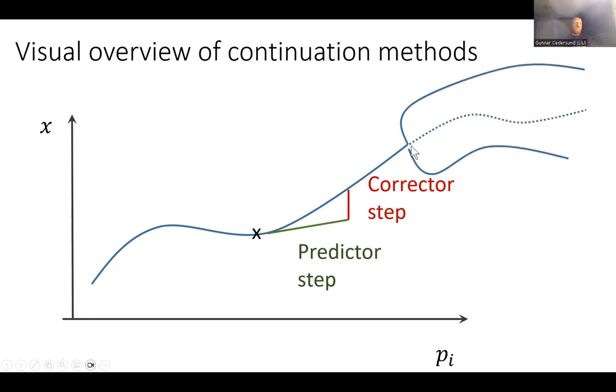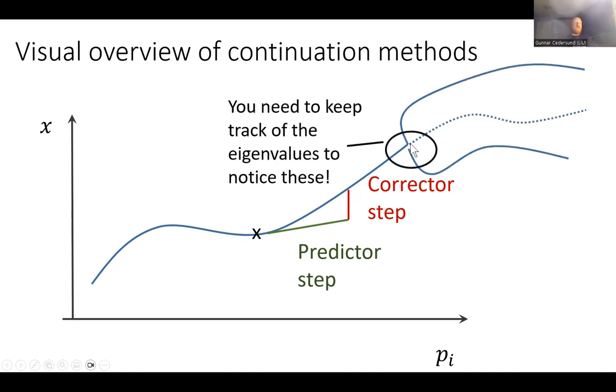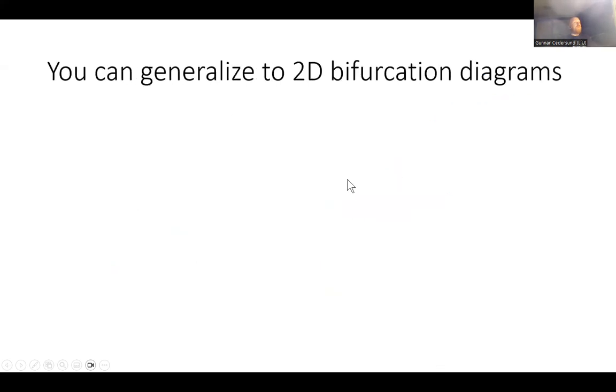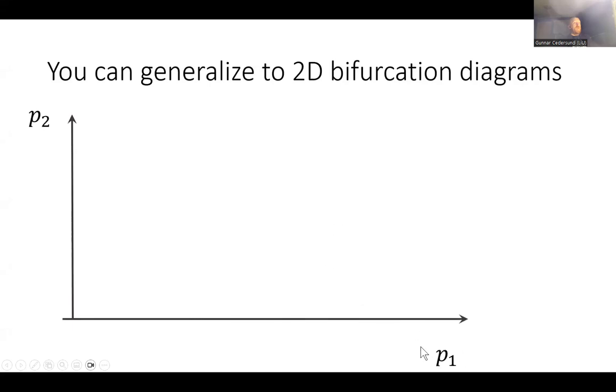And if you want to figure out where the bifurcations happen, so here we have this Hopf bifurcation again, then you also need to keep track of the eigenvalues to notice that. And in fact, once you found this bifurcation, you can even follow the bifurcation in a 2-dimensional plane, where you have no state space at all.